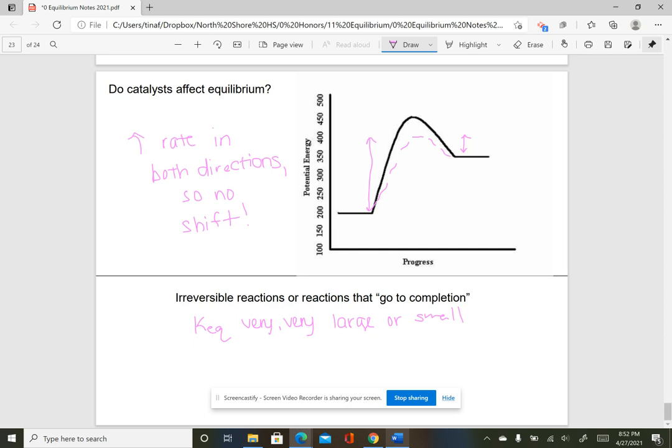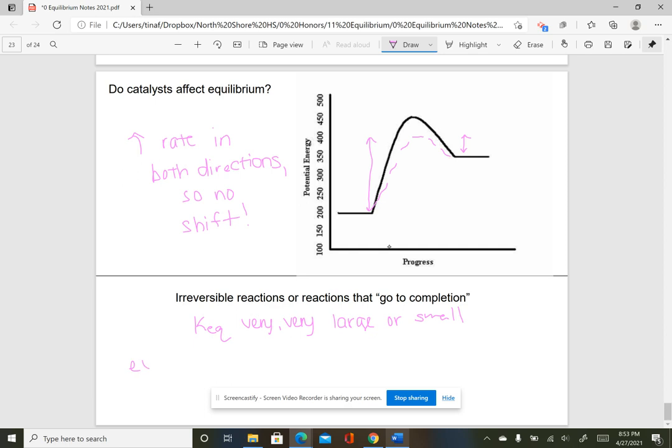It went to one side much more than the other side, and we really can't say it's in equilibrium. So if the KEQ is very large, that means it went in the forward direction. The products are greater. If it's a very small one, then the reverse reaction was favored. But you guys can figure that out because you know that formula.